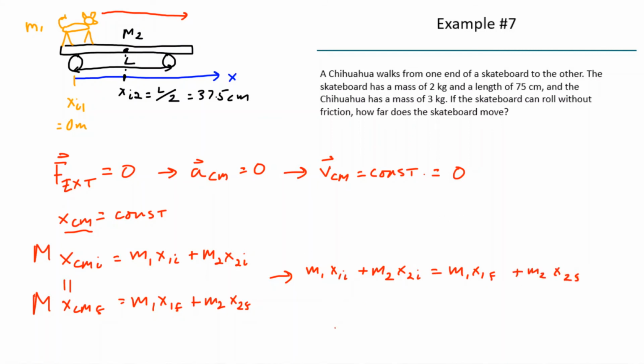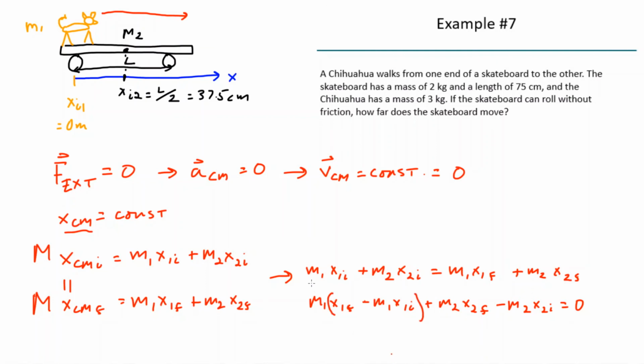I'm going to reorganize this equation to look like this. m1 x1 final minus m1 x1 initial plus m2 x2 final minus m2 x2 initial equals 0. Well, in here I can factor an m1 out of these first two terms.